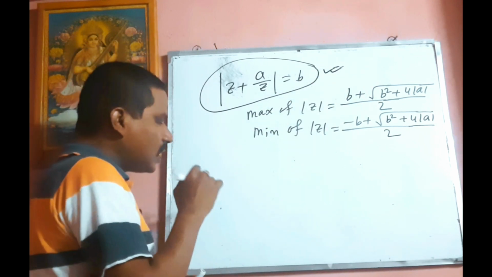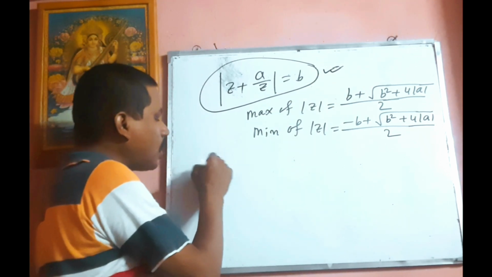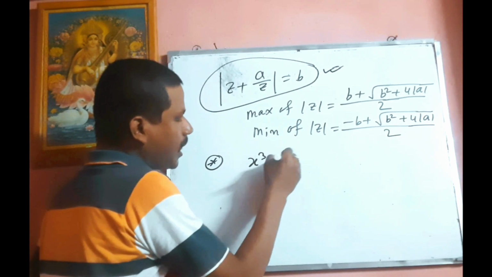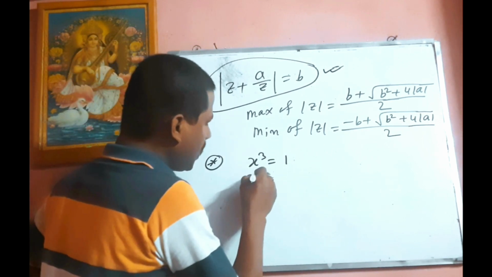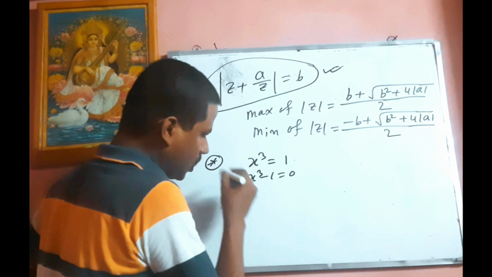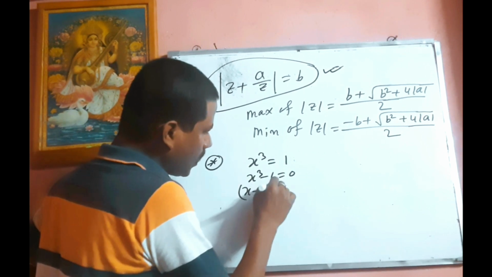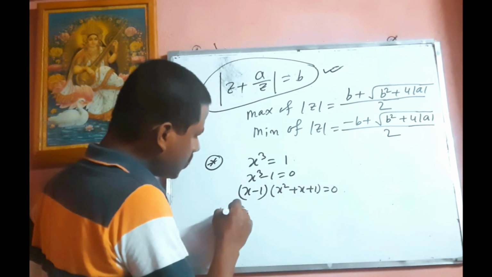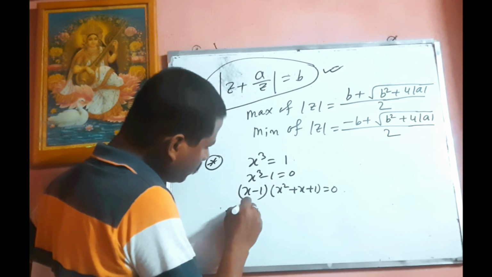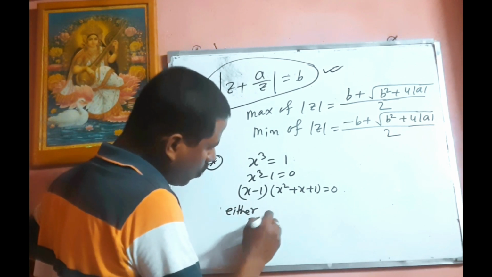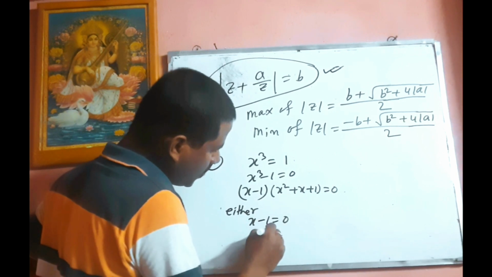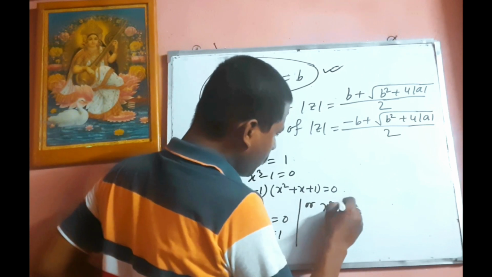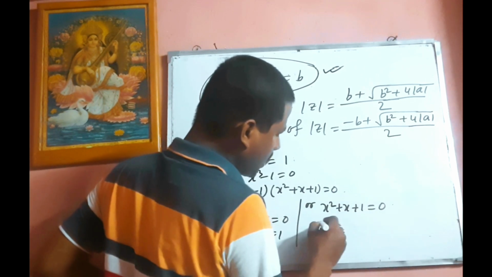And now the next and last part, the formula we are discussing, is about the cube root. Suppose x cube is equal to 1, then x cube minus 1 will be 0, so (x minus 1)(x square plus x plus 1) will be 0. Either x minus 1 is 0, that is x is equal to 1, or x square plus x plus 1 is equal to 0.